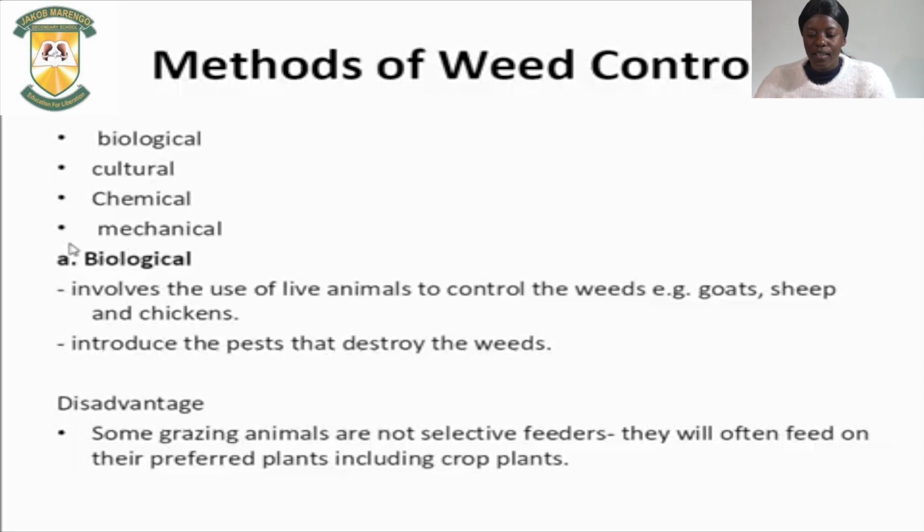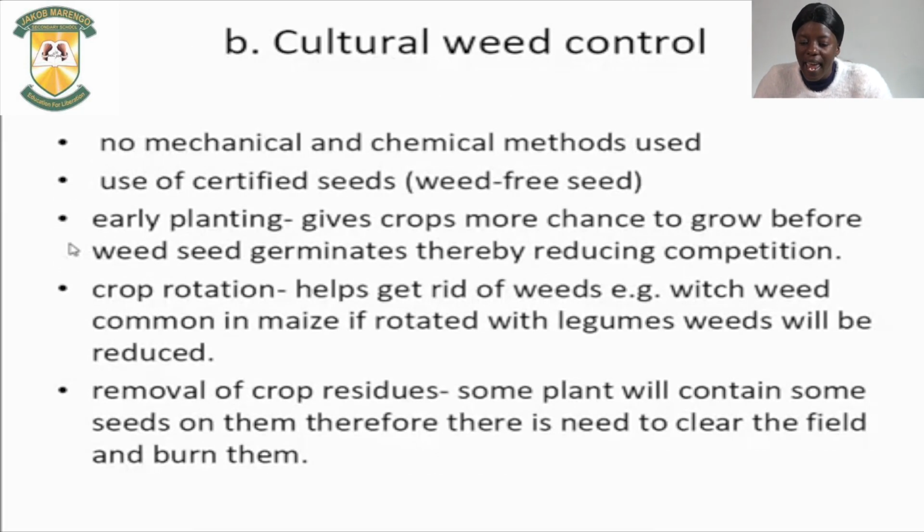However, this method is also disadvantageous because some grazing animals are not selective feeders. Therefore, they often feed on their preferred plants, including crop plants. Here we are simply saying you cannot select a plant for an animal, but the animal will just feed on every plant in your field. Therefore, your crops can also be destroyed.